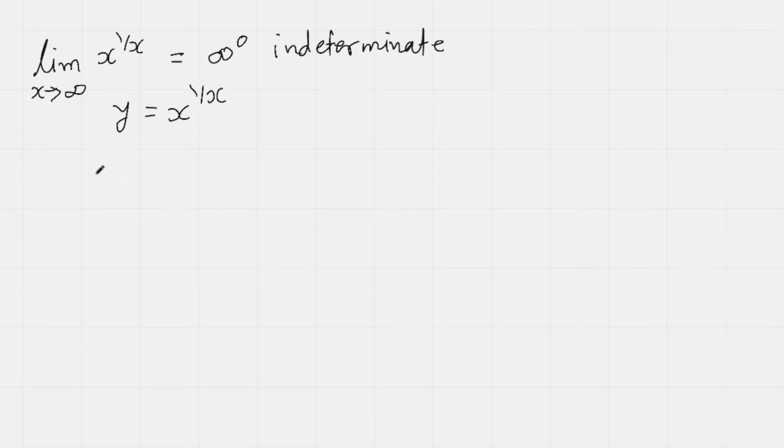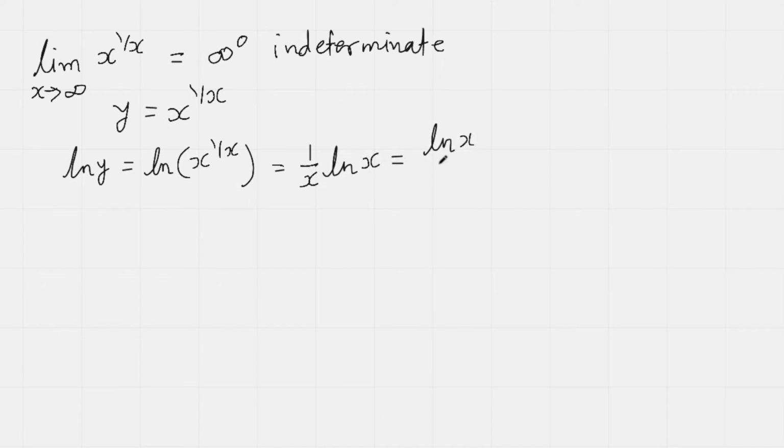Now let us take the natural log function on both sides. So ln of y is equal to ln of x raised to 1 over x. Now we know that the power comes in front of the ln, so this is equal to 1 over x times ln x. We can write this as ln x over x.